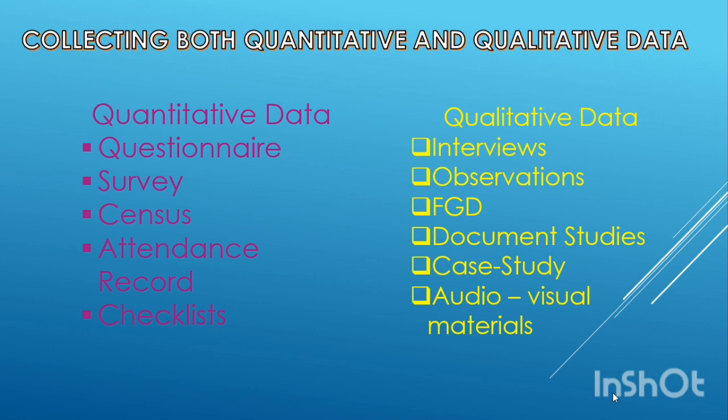Naa gyapon nagamit aning uban pero commonly used ang questionnaire, interviews, survey, and observation. Mao na sila commonly used sa mix pag ang researcher nag-opt to conduct mixed method approach.